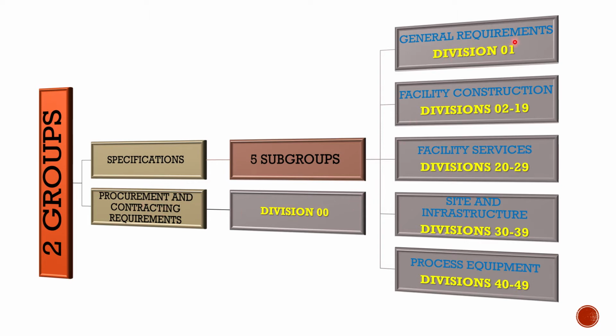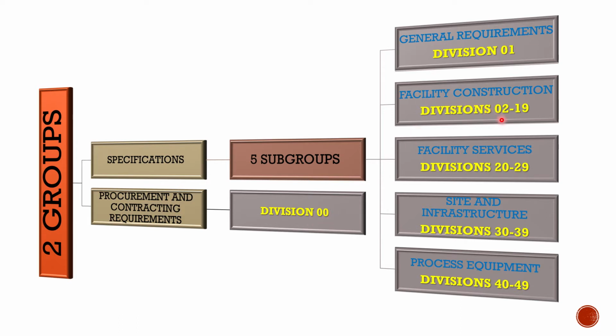In Division 1, the general requirements, you'll also find your responsibilities as an inspector, your duties for that project. So here and here are the administrative documents of that project, to help you decide who's in charge of what, and what you are in charge of inspecting.